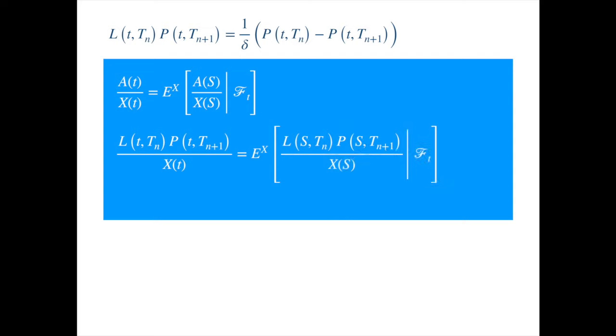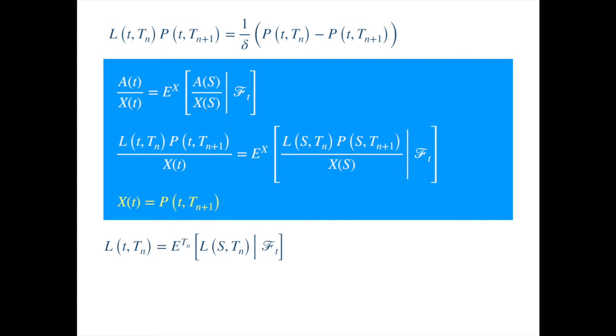Now if we use the zero coupon of the same maturity as numeraire, then this simplifies, and we see that the LIBOR for the period between n and n plus 1 is a martingale under the probability measure induced by using the Tn plus 1 zero coupon as the numeraire. We are denoting this measure by Tn, but in some text you will see this being labeled n plus 1. It just simplifies the presentation really.